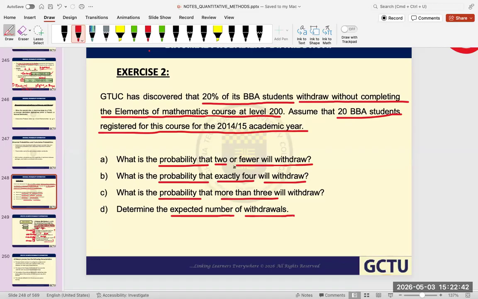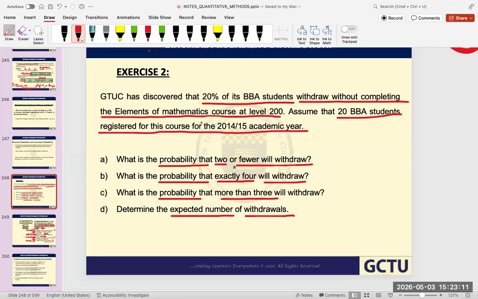Okay. So you don't have too much information, but there's a lot to do when you have a question like this. This is a university that is having Bachelor of Business Administration students, and the question is giving information that there's a particular course called Elements of Mathematics.